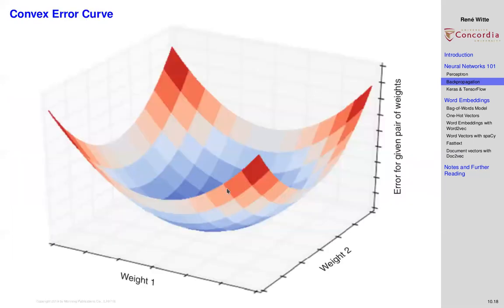It's easier to see on an example. So let's say we have 2 weights, again, to be able to visualize it. And now with these 2 weights, we can give them different values, like you have done. You adjusted the weights. And now, given a certain combination of weight 1 and weight 2, we can compute an error function.